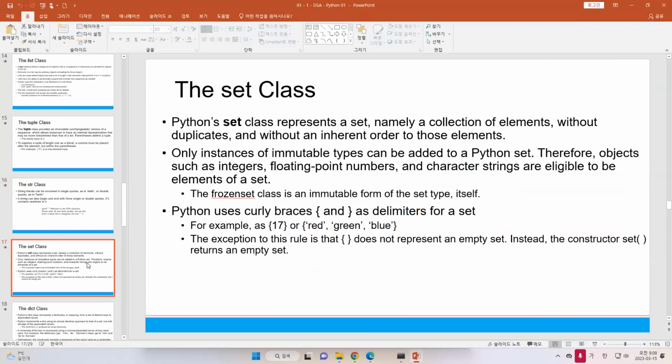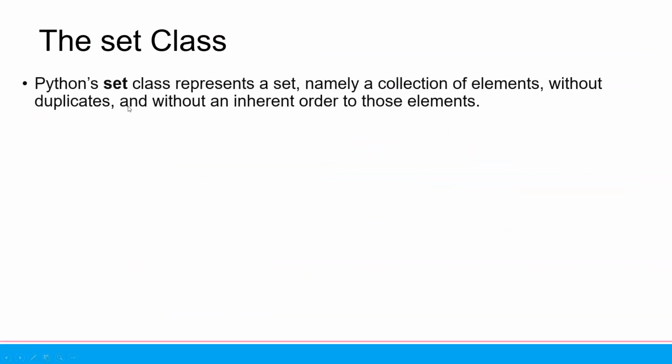Set. What is set? Python set class represents a set, namely a collection of elements without duplicates and without an inherent order of those elements. Okay. So the key point is without duplicates and without inherent order.